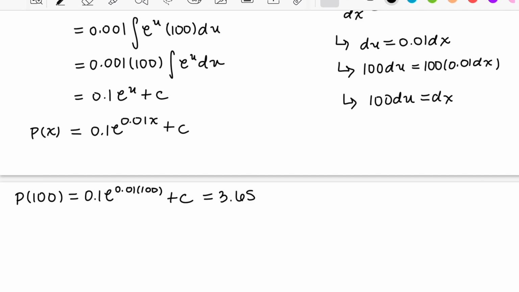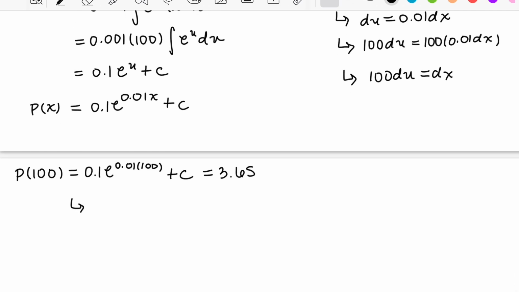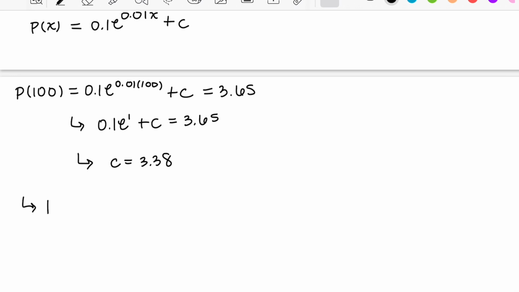All right, so doing so, we'll get that e to the power 1 plus c is equal to this here. And then solving for c, we'll get c is equal to 3.38. And so this tells us our price supply equation is given by this here.